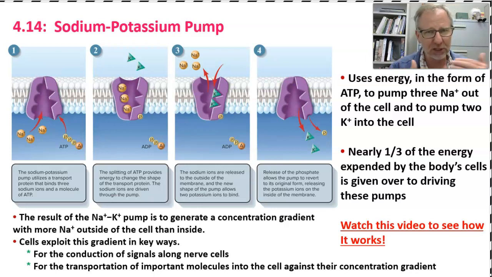So this pump is actively moving these 2 kinds of ions to the other side of the membrane to build their gradients. Nearly 1/3 of the energy expended by your body's cells is given over to driving these pumps. That's how important these sodium-potassium pumps are.